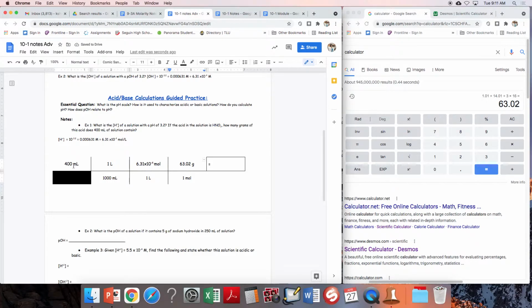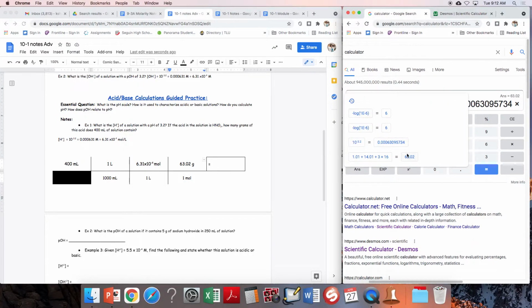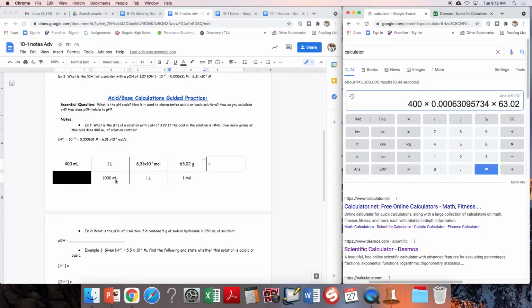And so I just do my math. We're going to multiply everything across the top, divide by everything underneath. So, fun trick if you don't know it. Memory is a thing, history is a thing on these calculators. So 400 times my molarity times my molar mass, and the only thing on the bottom we need to divide by is 1,000.